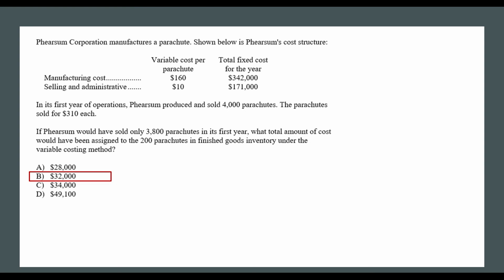So how do we compute for that? We have the units in ending inventory. It's how many units? 200 units or parachutes. And then, how do we get the value of the finished goods inventory under the variable costing method? Since we are getting the finished goods inventory under variable costing, we only need the variable cost relating to manufacturing cost.